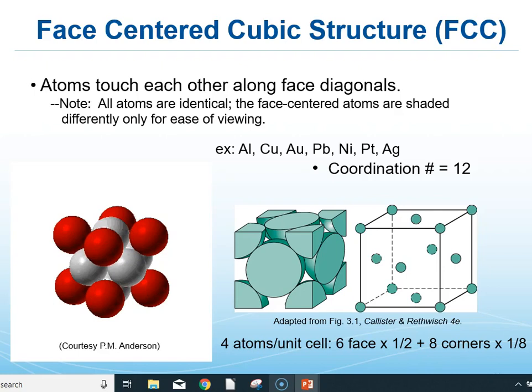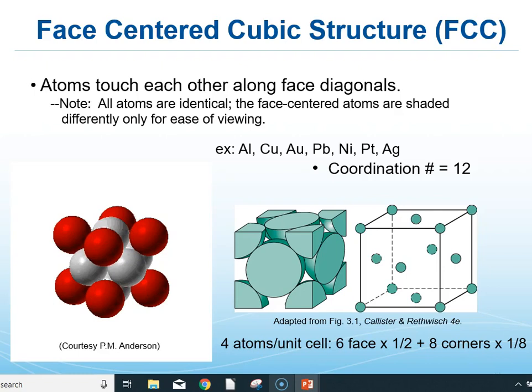Generally, it is, again, similar to simple cubic, except you've now got an additional atom on the face. So we've once again got corner atoms that are being shared by 8 unit cells, and then we have the face atoms being shared by 2. With body-centered cubic, we had corner atoms being shared by 8, and then 1 equally sized one in the middle, but only being shared by 1.